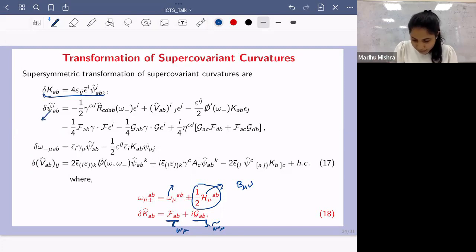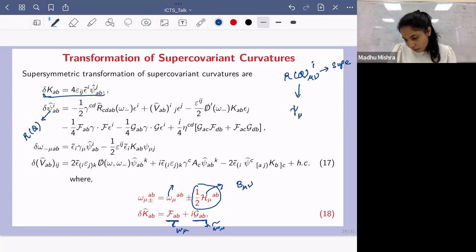This is basically the curvature of Q sub C in Poincare supergravity. So instead of writing RQ mu nu, which I wrote in superconformal, in super Poincare I am denoting this curvature as this thing. So this is the Q sub C curvature only, but in Poincare theory.